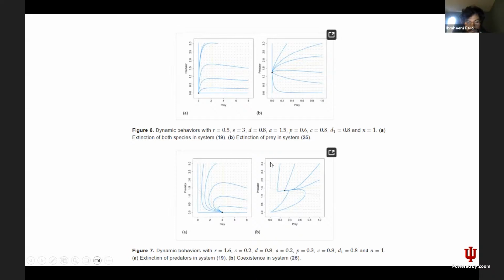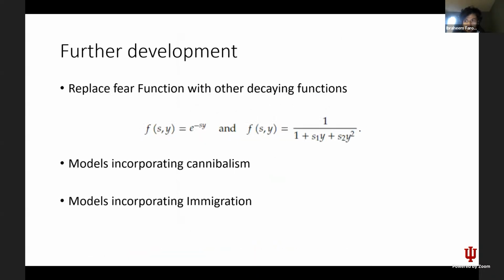So this is the inclusion of the fear. Some further developments of this project, as I mentioned before, are replacing the fear function with different decay functions and trying to figure out which of these other decay functions can recreate some viable ecosystem.